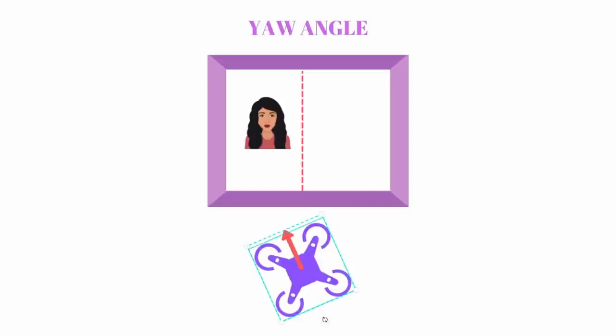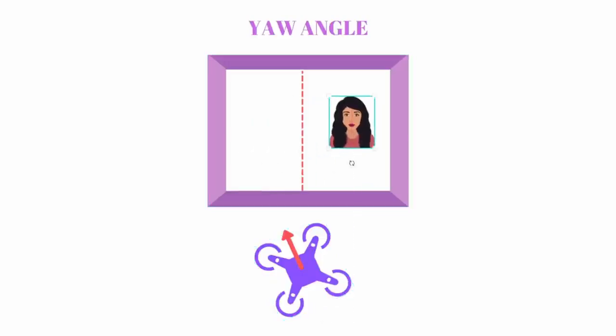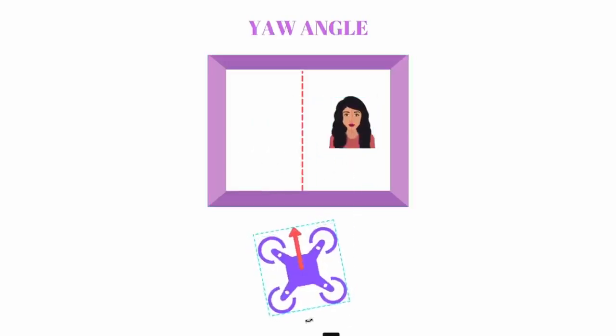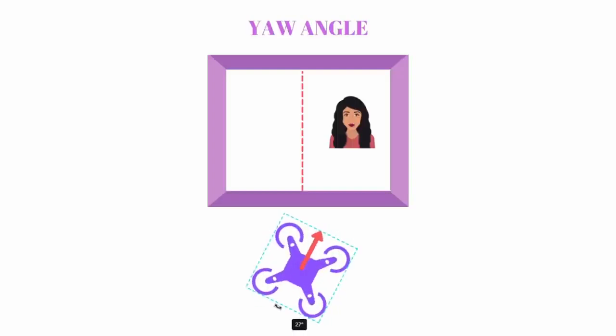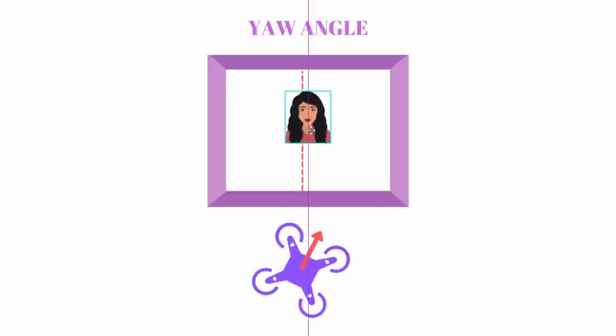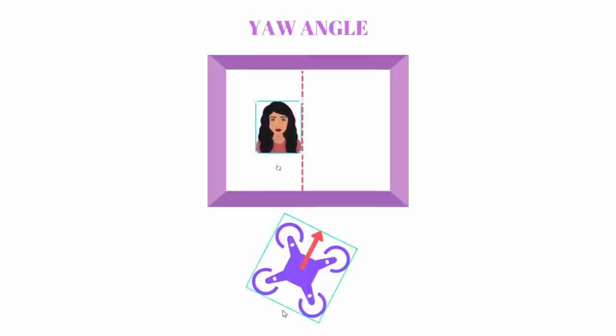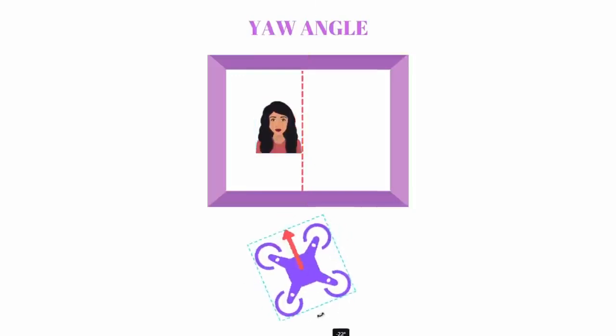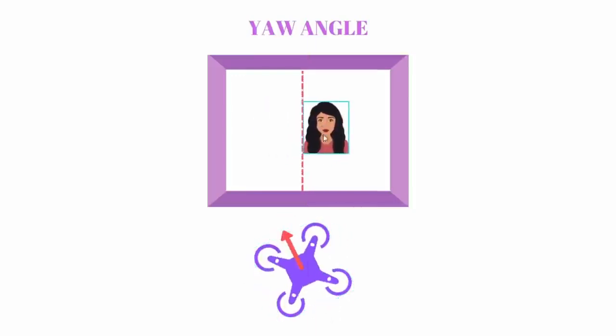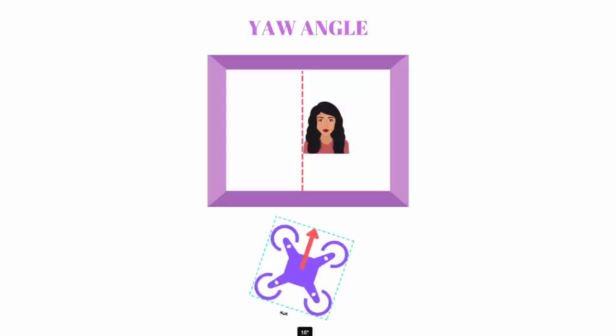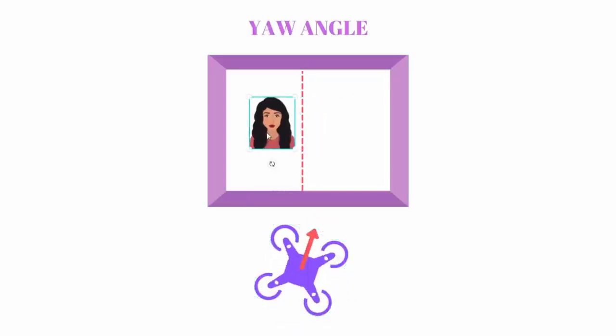This is called overshooting. The same thing will happen if she's on the other side. When it overshoots, the image will not be in the center, it will go here. Then it will try to recover and it will go here. So it will keep going back and forth and it will not stabilize. So how can we make it better?